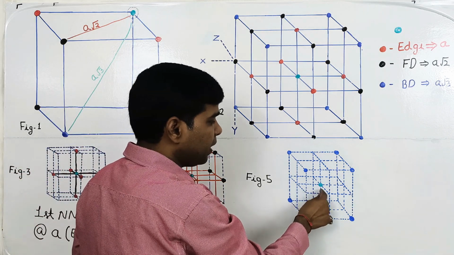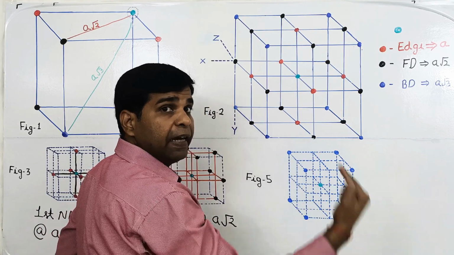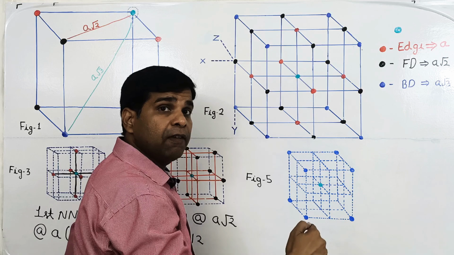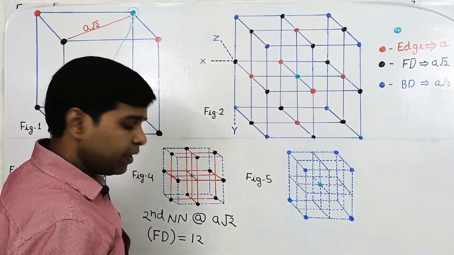This reference particle is present in 8 unit cells, and in each unit cell we have one body diagonal of such kind.